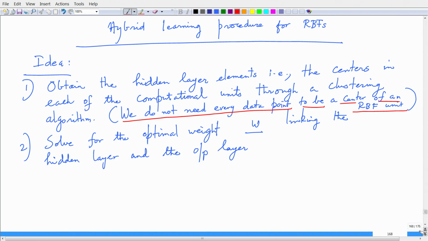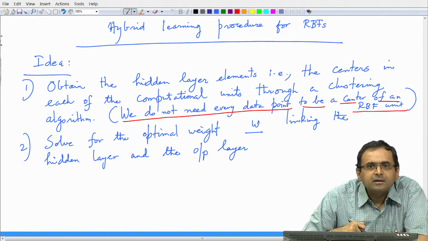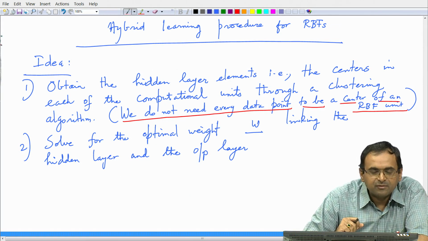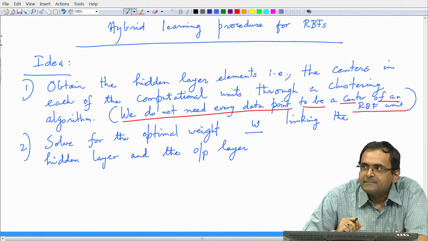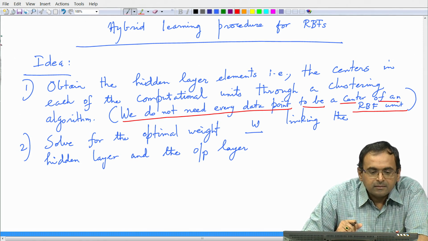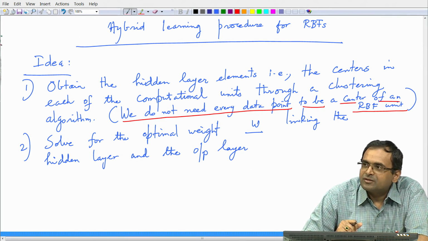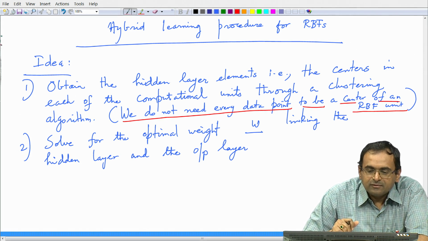Now, how can we evolve a hybrid learning procedure for the RBFs, for the radial basis function? The idea is as follows: we obtain the hidden layer elements, that is the centers in each of the computational units, through a clustering algorithm.